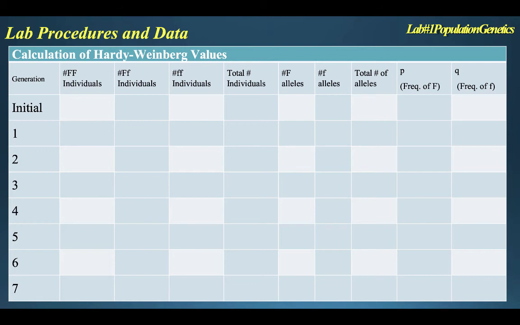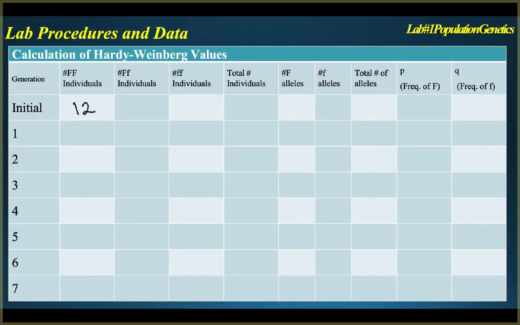So what I'm going to do here for you is I'm going to tell you what our total population would look like. And so initially we would have 12 big FFs. We would have 10 heterozygous, and then we would have 8 homozygous recessive. So if we add this all together, we would have 30 in this population.